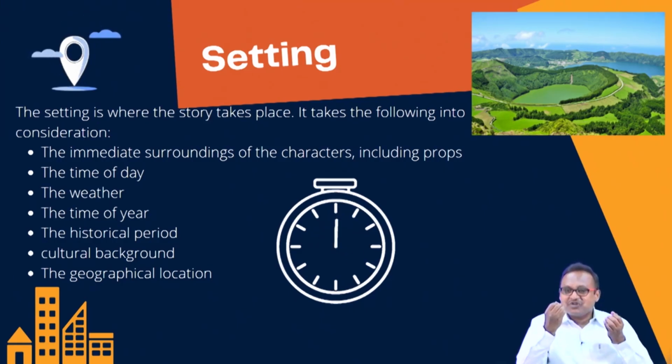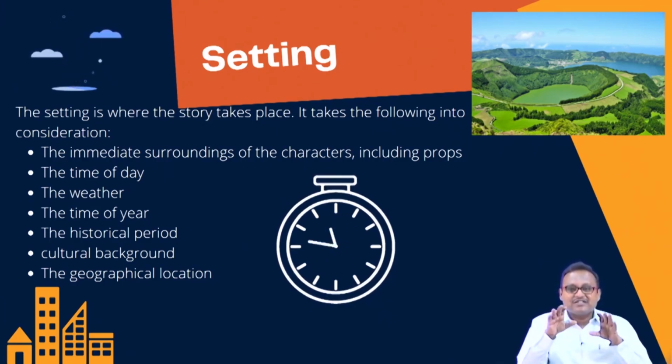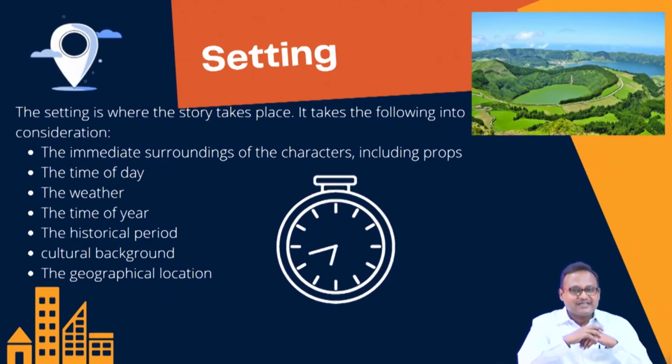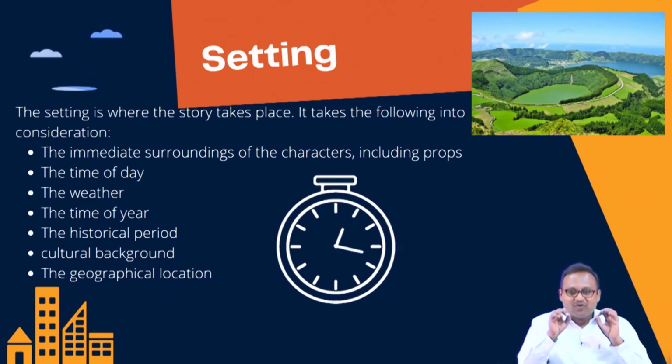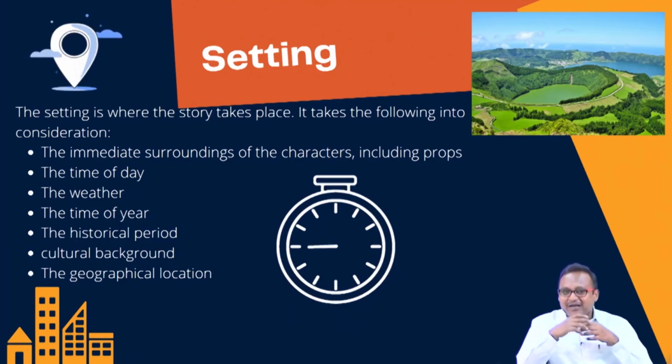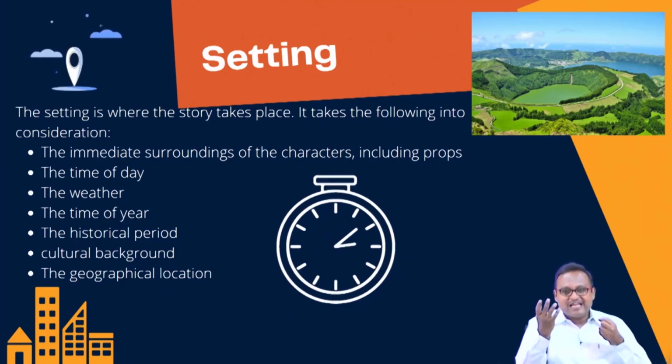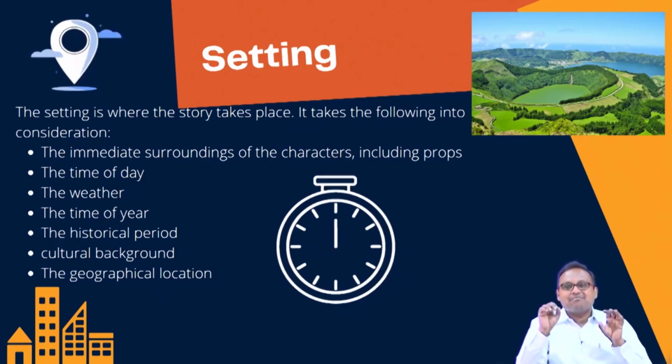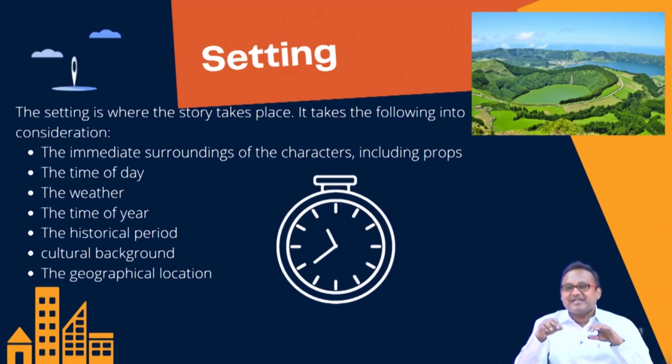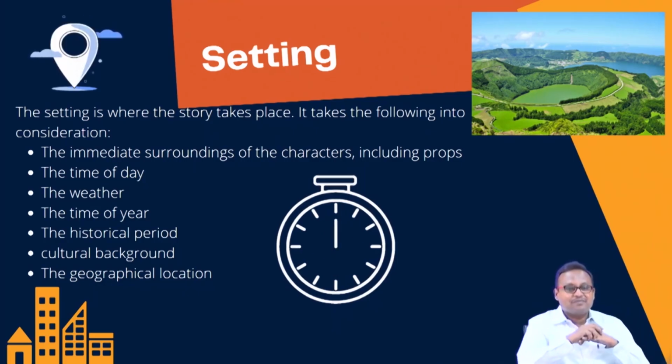It can be a geographical location. Let us say, for instance, if the story unfolds in Mysore, then Mysore becomes a setting. Or if the story unfolds in 1990s Mysore, then the time in which it is set also becomes a setting. Or if it is set in a season, supposing the entire story takes place in a rainy season, then that rainy season provides the setting to that place.